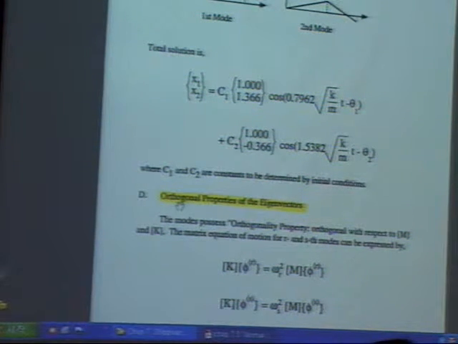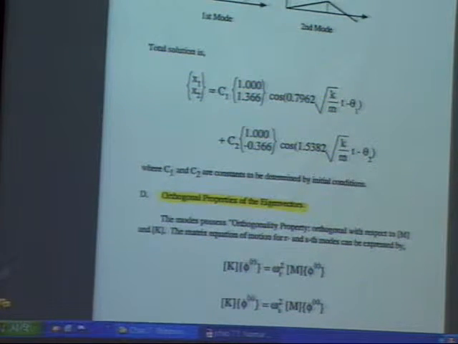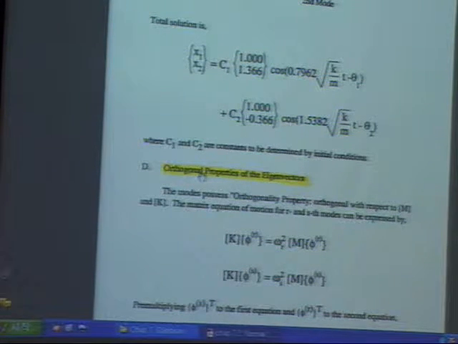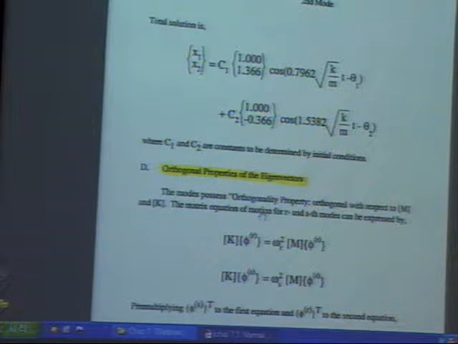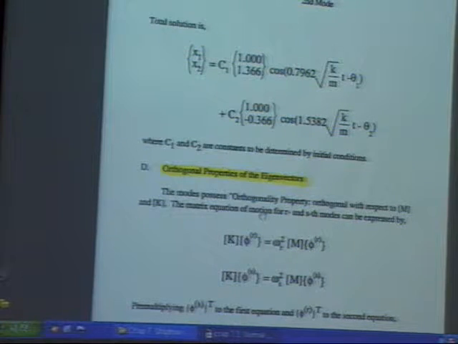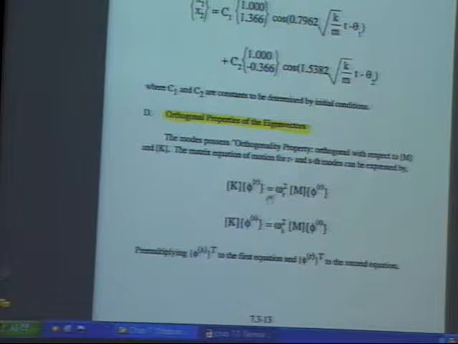They have a so-called orthogonal property of eigenvalues, which in this case is eigenvector. Orthogonal property of eigenvector. What does it mean? When I say orthogonal property, it's really orthogonality of eigenvectors with respect to the mass or stiffness matrix. Let's look at this, for example.